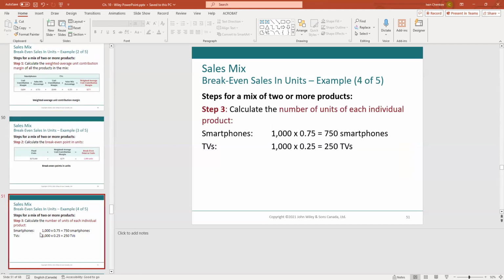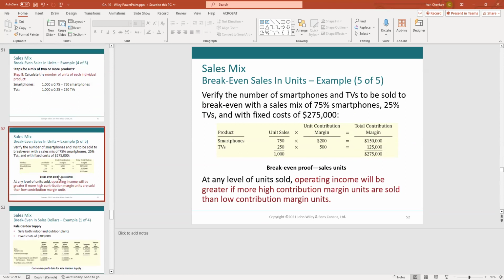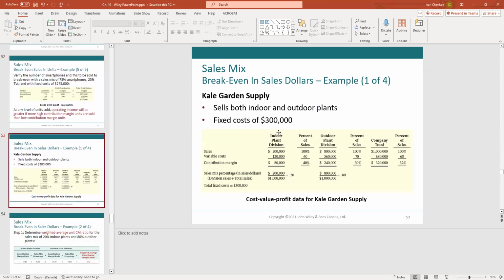That's how we're calculating the sales mix. Nothing more, nothing less. So again, we're getting the indoor and outdoor, coming up with the company total, working with the company total contribution margin to come up with the break even.